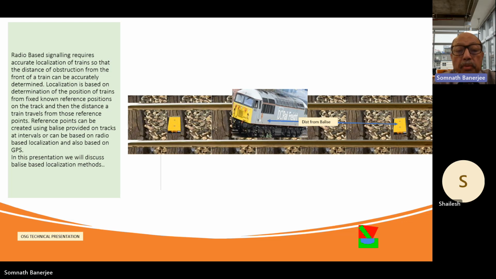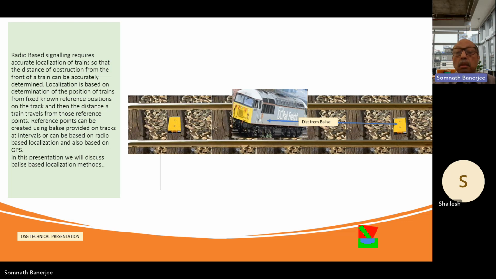But as it moves towards the next balise in advance, from the one in the rear, the odometer reading is the source of updating the localized information of the train.